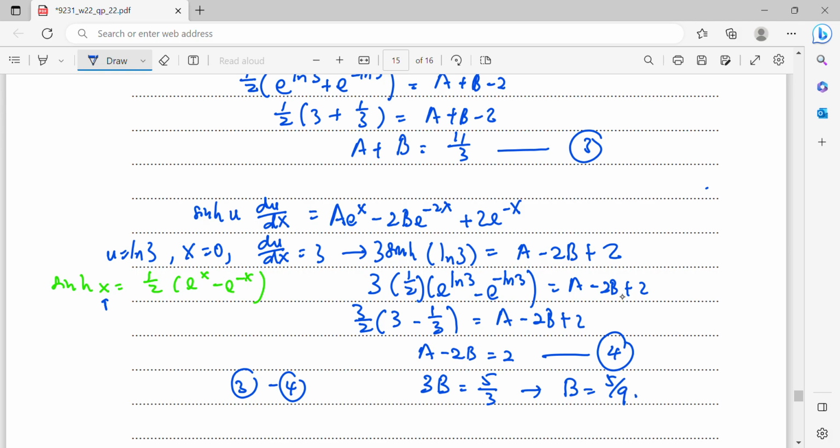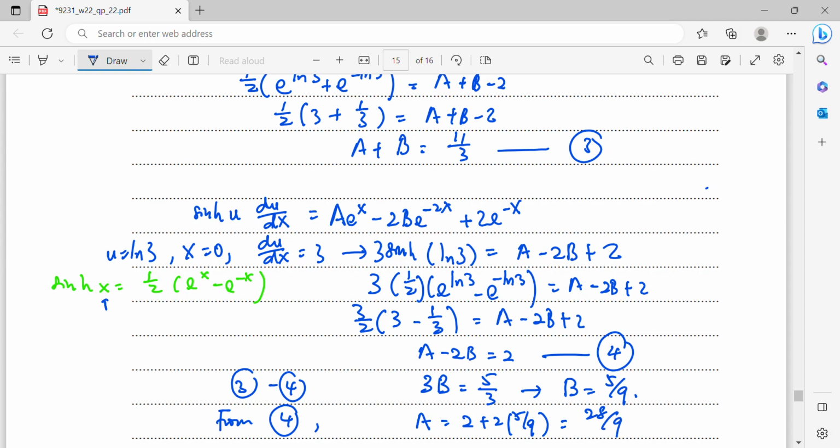Once you get B, then you substitute into the third equation or fourth equation to get the A. So I will substitute the B value into the fourth equation. So now my A equals 2 + 2B, which is 28/9.